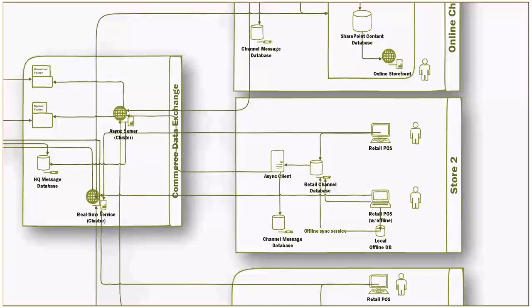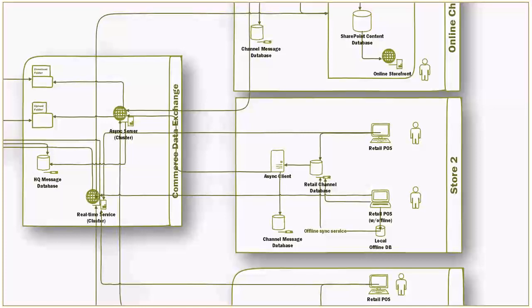How this would be installed would be similar to how it was installed in R2, in that you use the database utility on the retail point of sale computer, for instance. And you download the offline sync service from a given URL, which can be found in documentation.